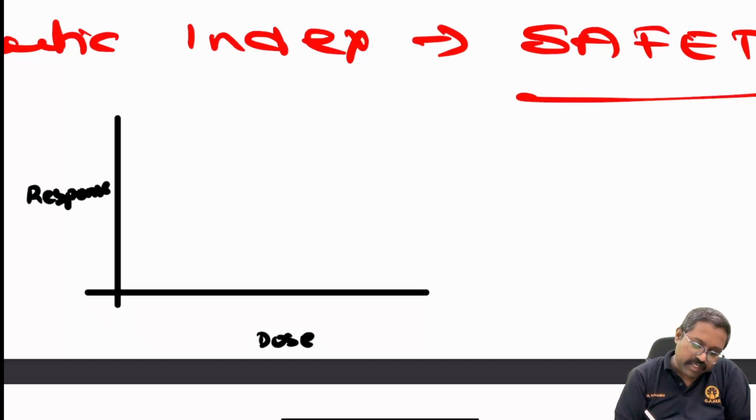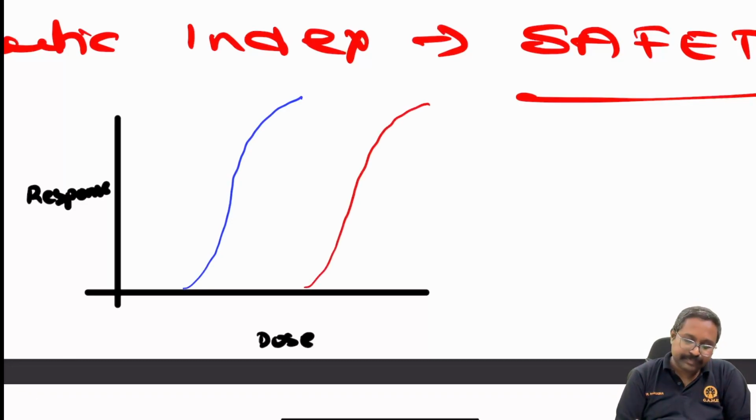Whenever you plot a diagram here, suppose this is the drug administered. So this will be one graph. If you take ED50 and the 50%, you plot a graph here.